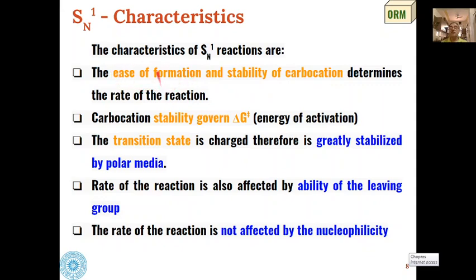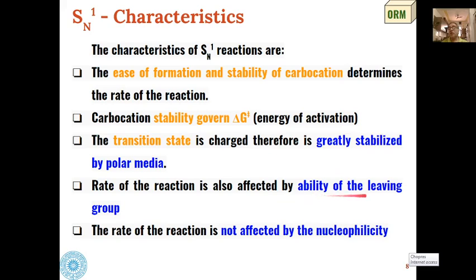So the lower the activation energy in the first step, the higher will be the rate of the reaction. Stability of the carbocation will be determined by the energy of activation required to transform the reactant into the carbocation. And as you have seen, the transition state here is charged, therefore polar solvents will help in increasing the rate of the reaction.